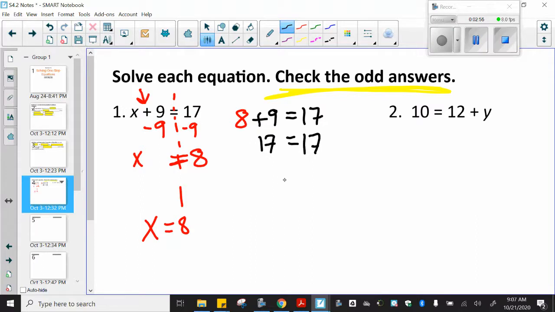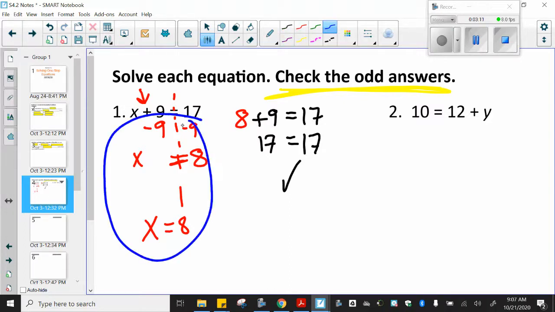If these two match, we've checked it off, and that means our equation works. If these two numbers don't match, that means you had an error somewhere, and you need to erase, go back, and fix it. Okay, this is important. You need to show us this work on the odd ones, okay? Make sure you know what you're doing.